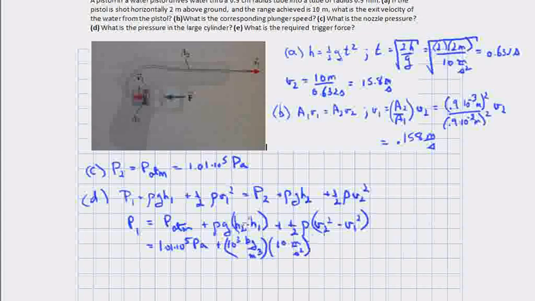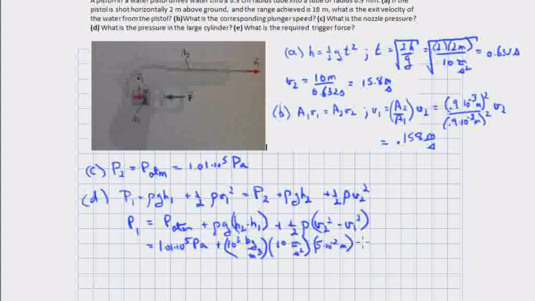Okay, so I need some estimate for h2 minus h1. That is the height that the nozzle is above the trigger. Let's assume 5 centimeters for that, and so this would be 5 times 10 to the minus 2 meters. That's a fairly realistic assumption.